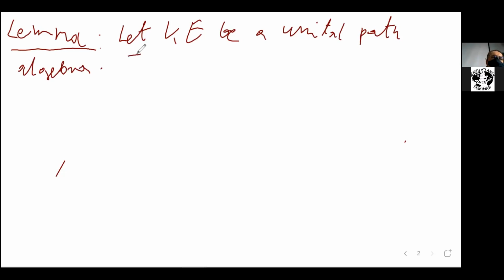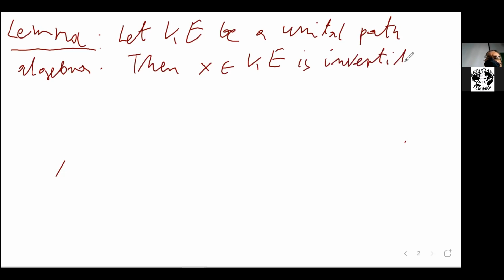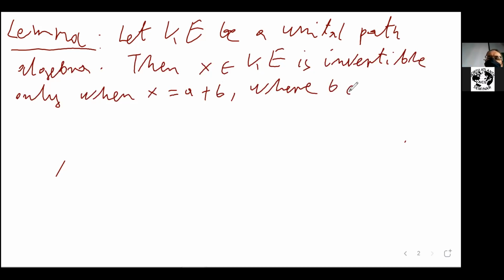Then an element in this path algebra, say X, is invertible only when X is equal to A plus B, where B is an element of the arrow ideal, such in KE bigger than 0, and A is an element of the commutative subalgebra of functions on the space of vertices.